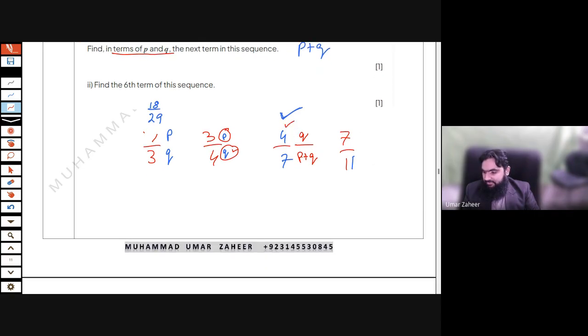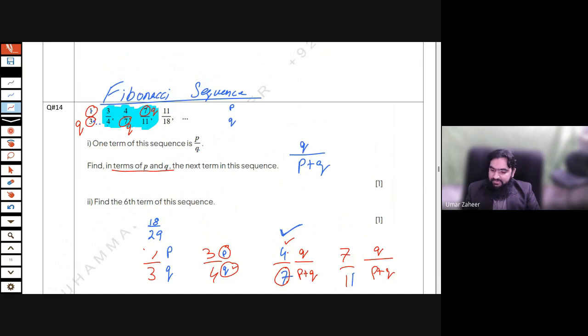It is your p, so this denominator becomes the numerator, that is q, and you add p and q to get the denominator. In simple words, the denominator will become the numerator, and you will get the denominator after adding numerator and denominator. All right.